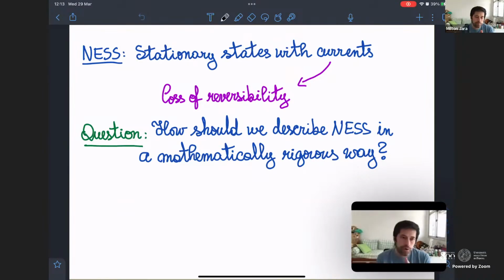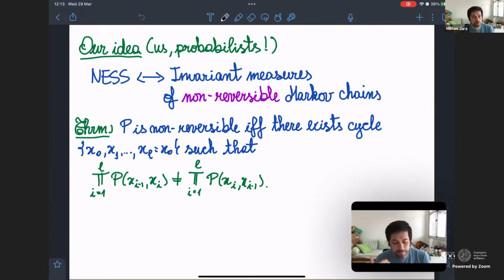Okay, so equilibrium stationary states, at least from a thermodynamic point of view, are very close to what we call reversible invariant measures in the realm of Markov processes. Okay, we are probabilists, so this is the One World Probability Seminar. We don't have any trouble thinking about the world as a stochastic process.